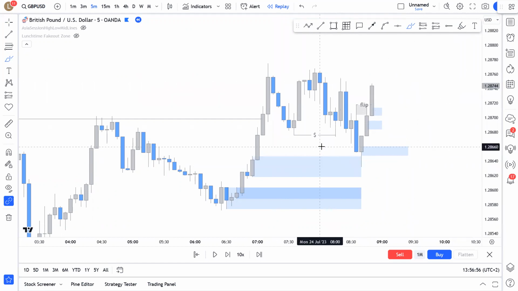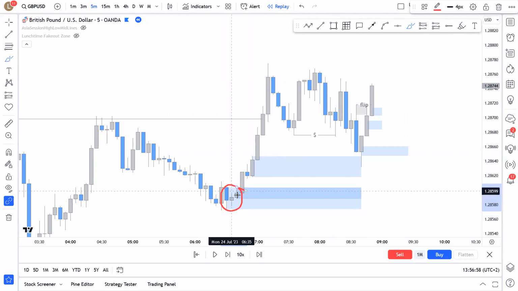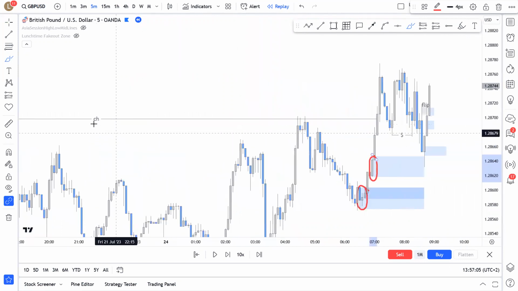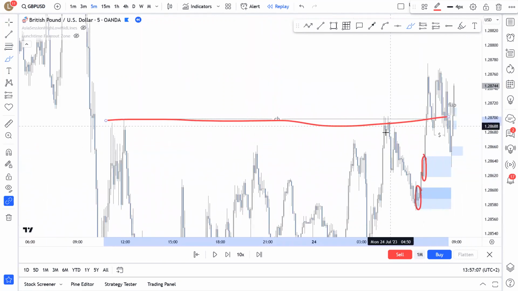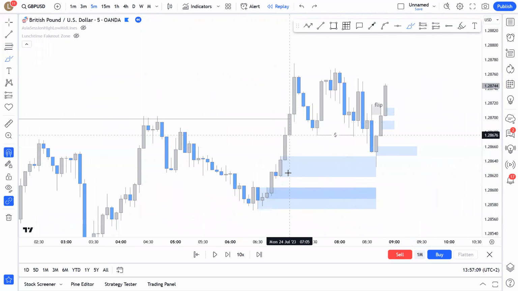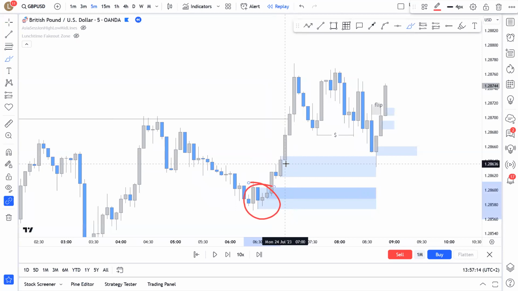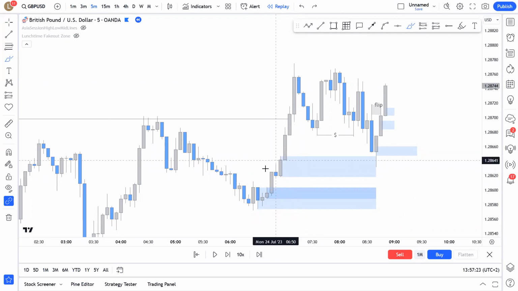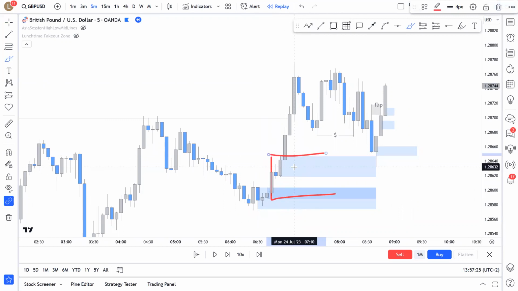So ignoring the fact that this was the 50-minute zone that started the over volume and over inefficiency, this was a decisional 5-minute area that directly caused the change of character to the upside. So it didn't really matter if I marked this as the 50-minute candle and marked this 5-minute as a separate zone that caused the direct change of character on the 5-minute time frame, or if I refined the 50-minute candle and marked the 5-minute refinement inside of it.